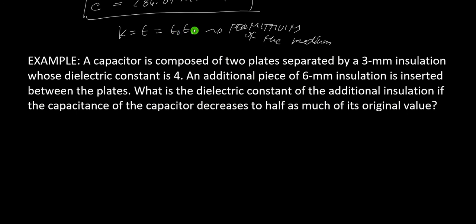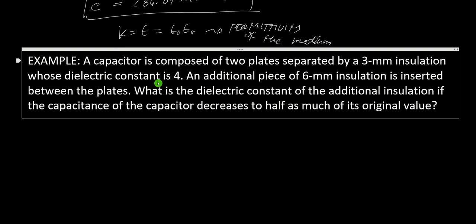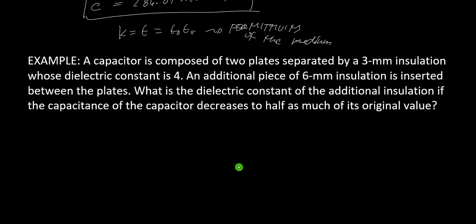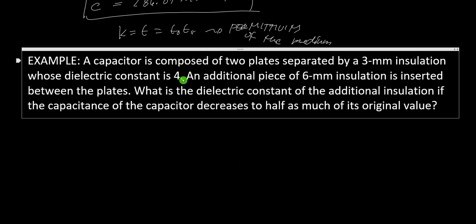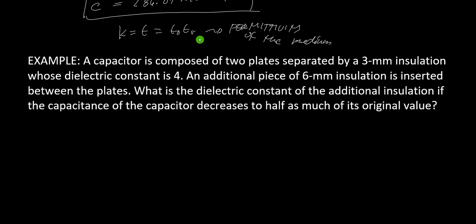And epsilon r, the relative permittivity, is actually synonymous with the dielectric constant, instead of this K and this epsilon here. So the 4 here is instead of epsilon naught times epsilon r. We can just make it our relative permittivity.